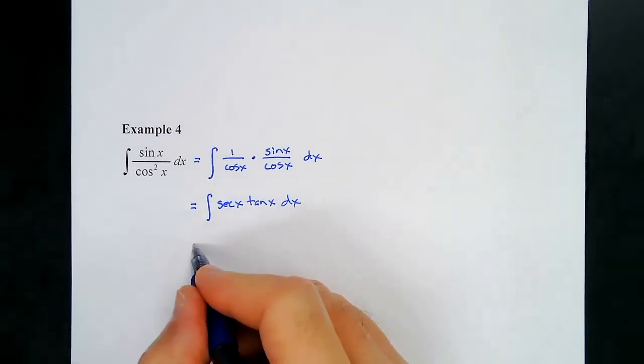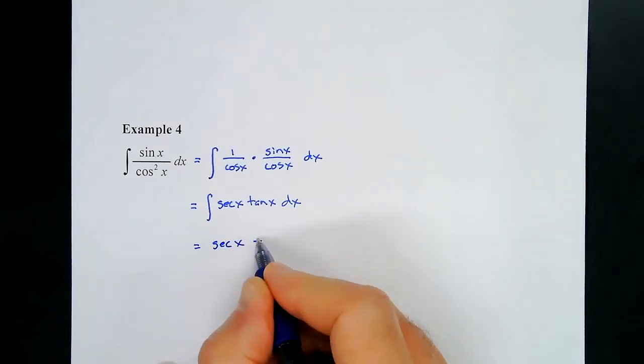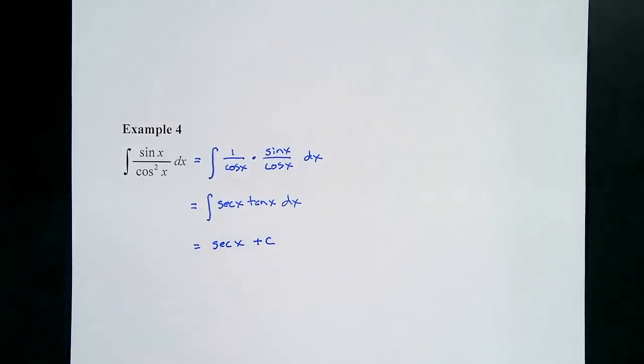So the answer to this is secant x plus some constant c. And this relied on you realizing, oh, sine x over cosine x is tan x. It's not a for sure thing. You don't necessarily, every time you see sine x over cosine x, switch it to tan x, but a lot of times that is one option.